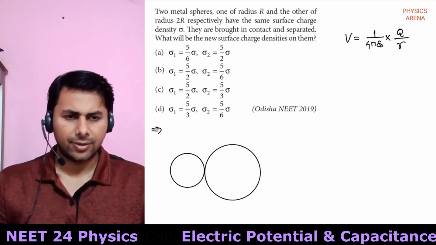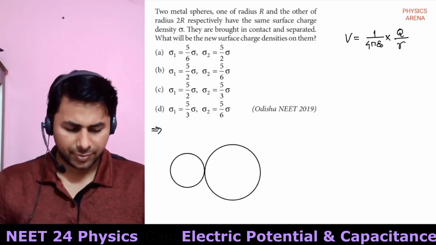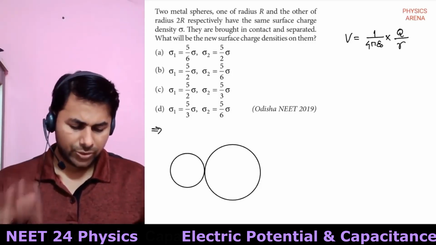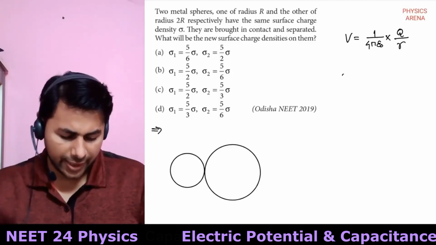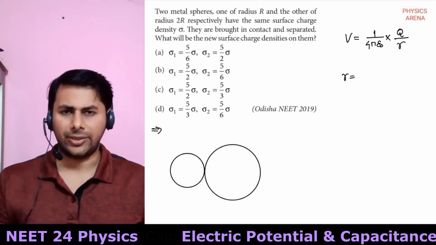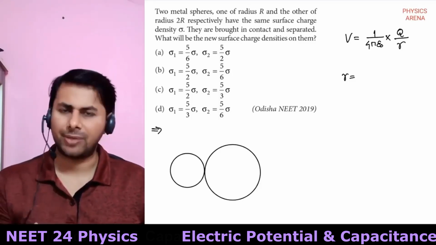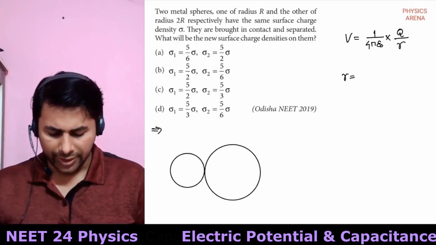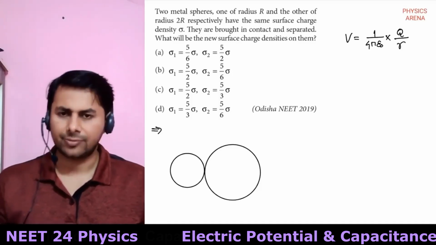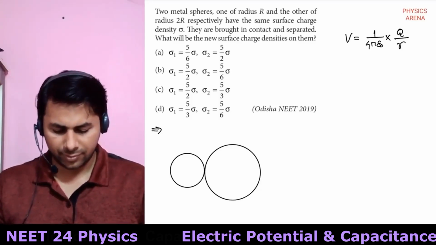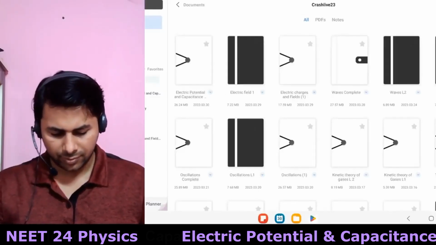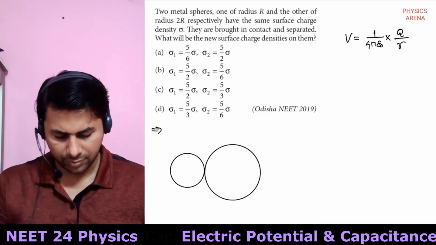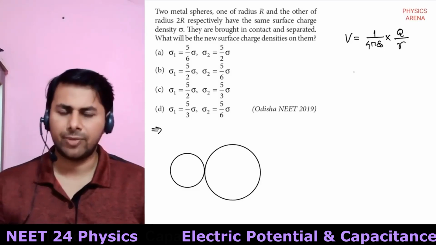Here r is the external point. Now can we write q in terms of sigma?